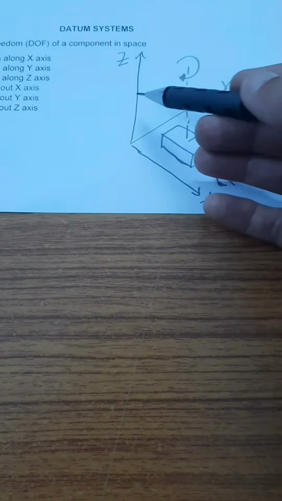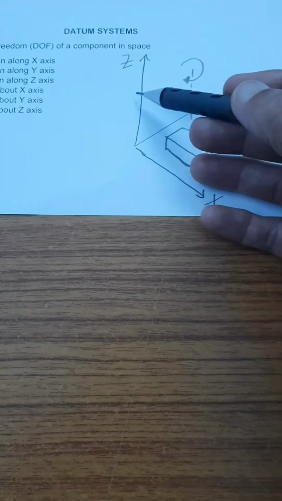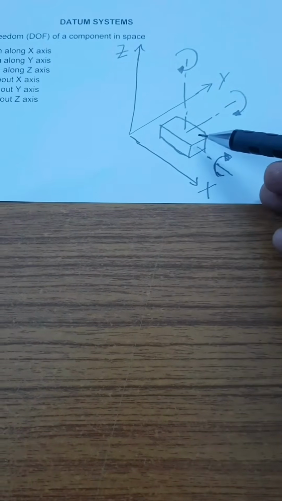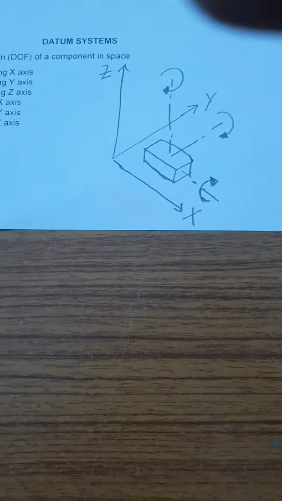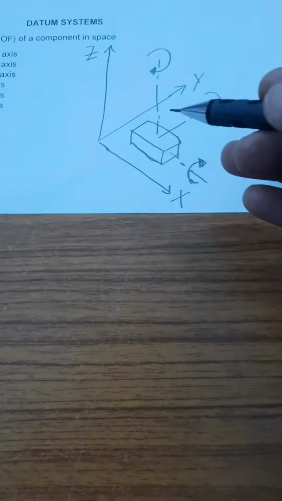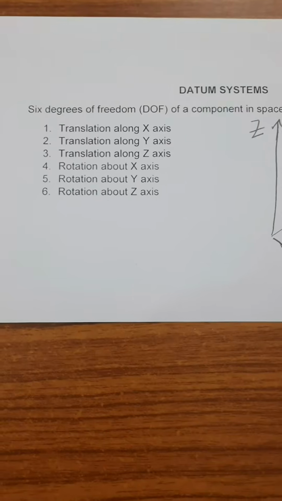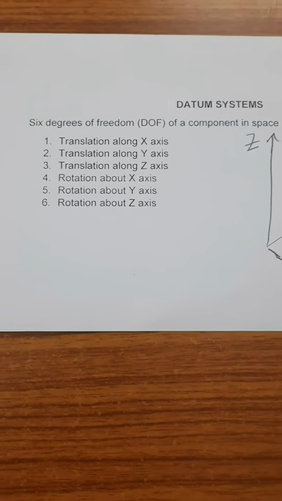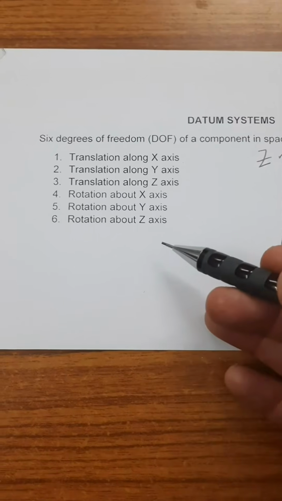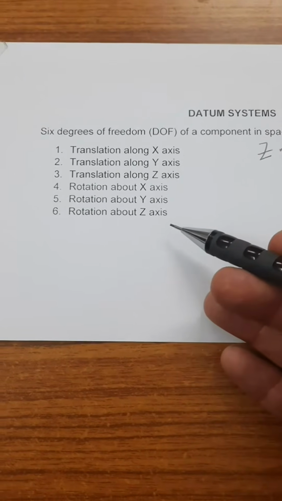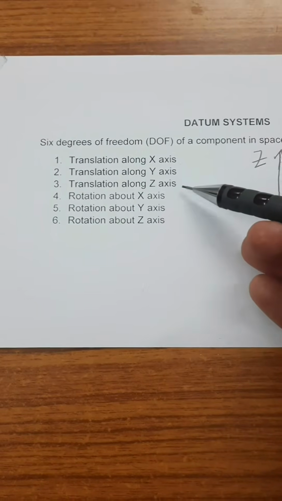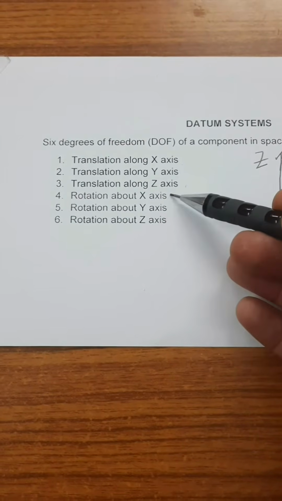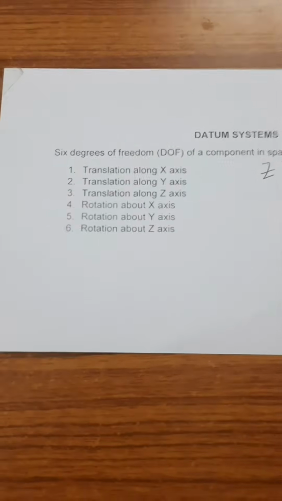So here we have treated the vertical axis as the z-axis. So these are the 6 degrees of freedom that a component can enjoy: 3 translational degrees of freedom and 3 rotational degrees of freedom.